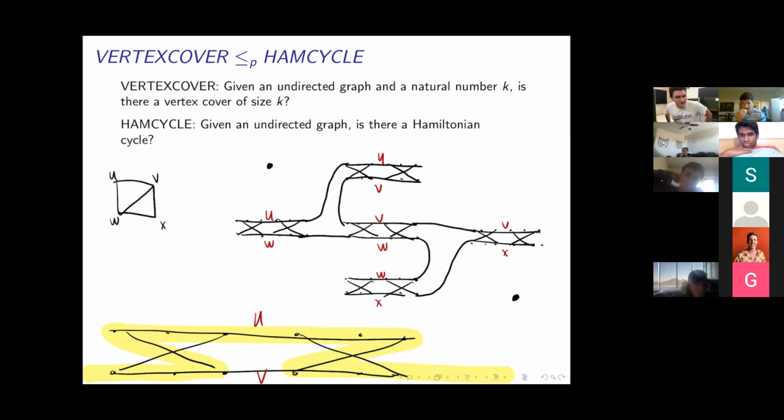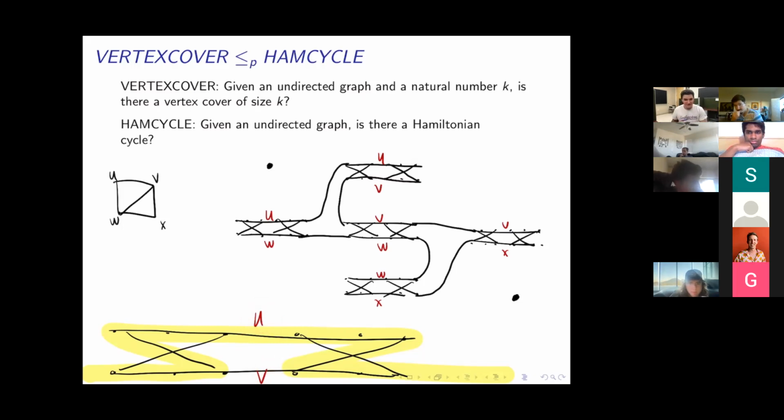And that corresponds exactly to whether U is in the vertex cover, V is in the vertex cover, or both U and V are in the vertex cover. Those three different ways correspond to exactly those three possibilities.